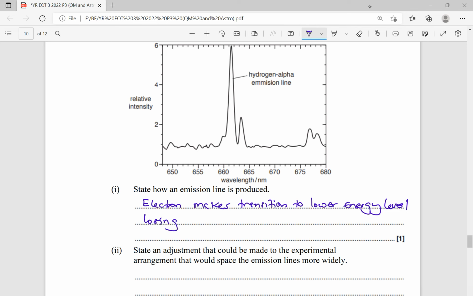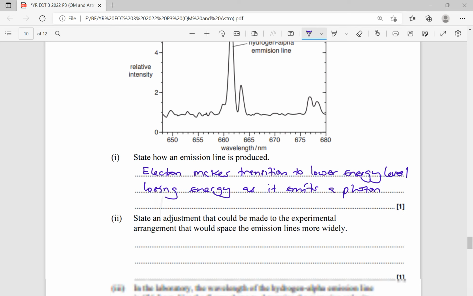It is losing energy as it emits a photon. So as the electron makes a transition from a higher energy level to a lower energy level, losing that energy, it emits a photon. That photon it emits corresponds to the line, the line spectrum.